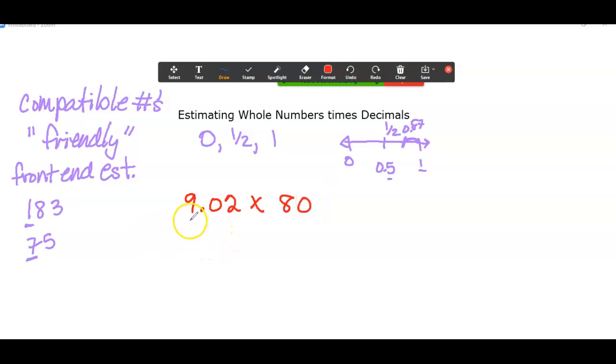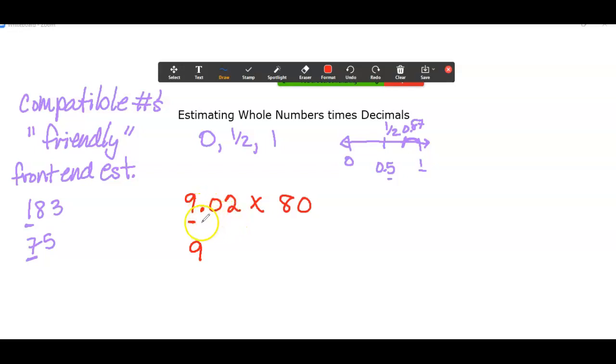When I see this 9 and 2 hundredths, I'm going to use front end estimation, which means I'm going to look at this first digit. Well, 9 and 2 hundredths would be rounded to 9 because it's closer to 9 than it is to 10.